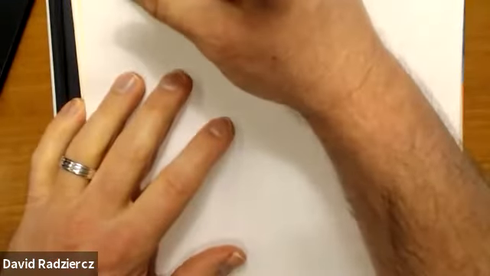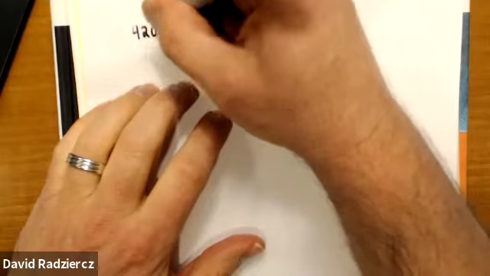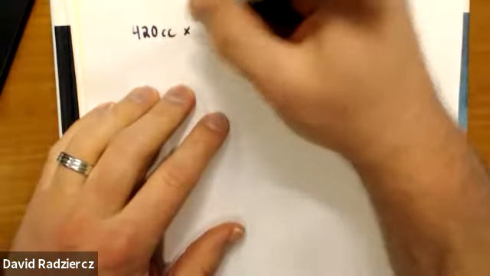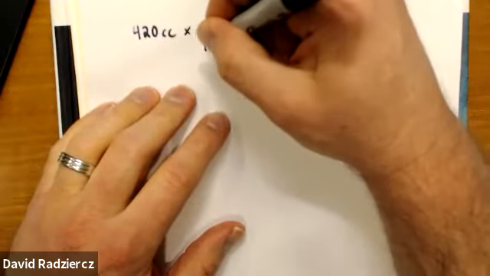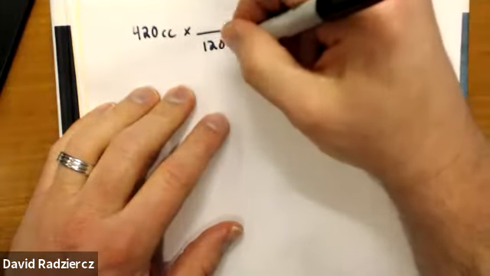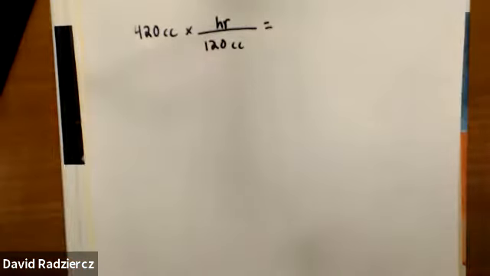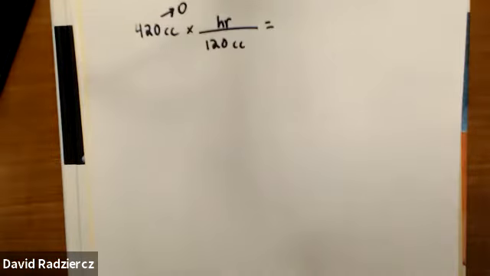I'm going to take my total amount, the 420 cc's, and calculate how much time will have passed by the time that bag is empty. Basically I'm going from 420 to 0, and I want to know how long it's going to take to get to that point.